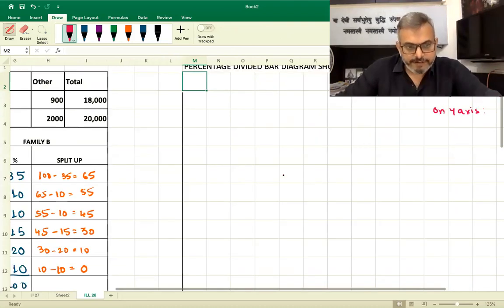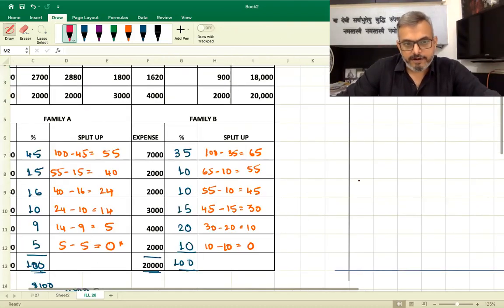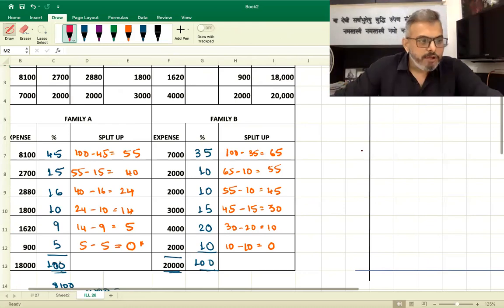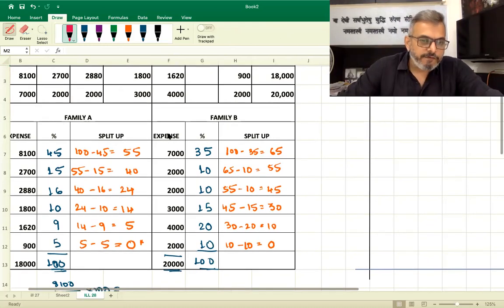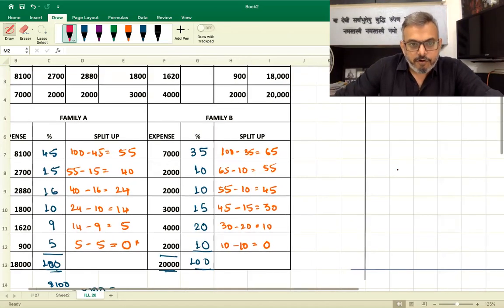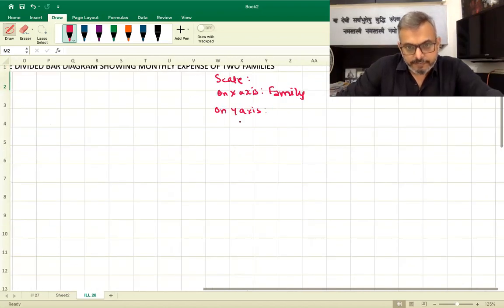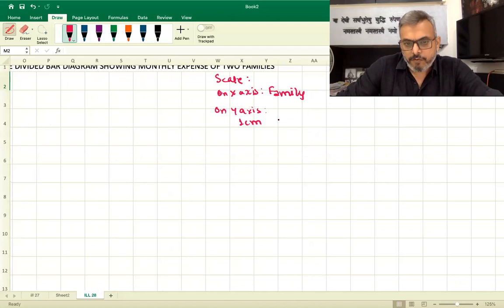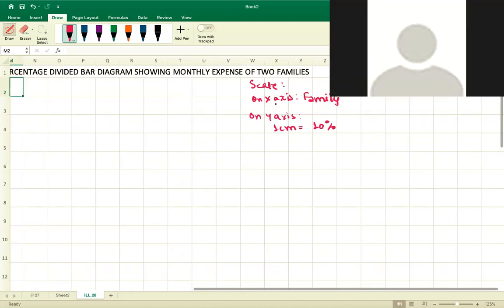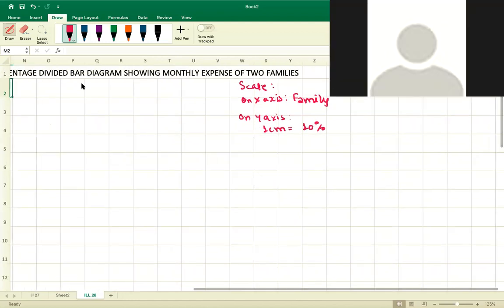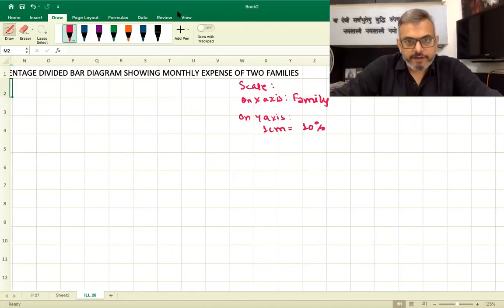You can see split up में total is 100, 100 जो हमें plot करना है. Both the bars will be of the same size. So we take 1 centimeter is equal to 10%.